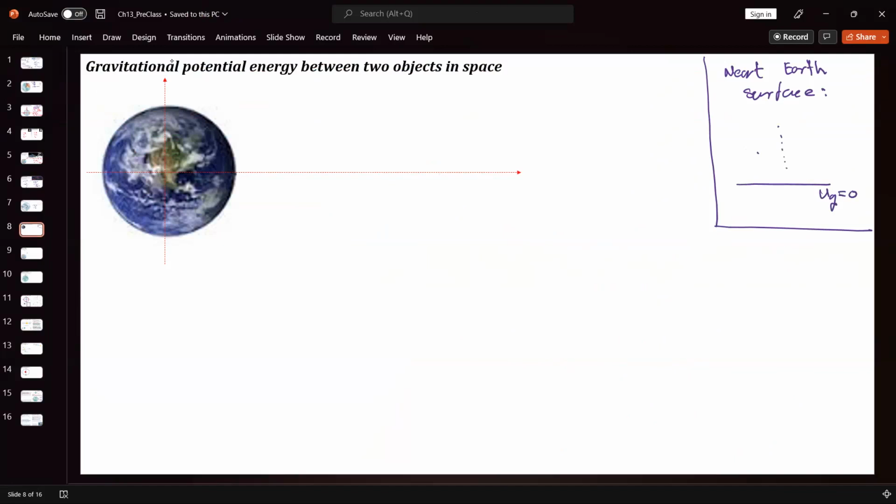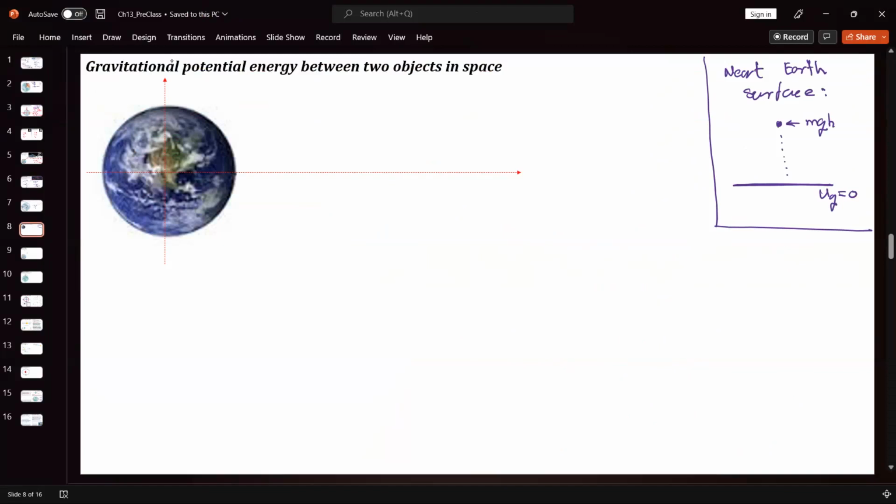Then if you go a distance h above, at that particular point we know the gravitational potential energy is mgh. But this idea of zero gravitational potential energy at the Earth surface is not useful if we're talking about two objects very far away from each other. So we have to first understand where the gravitational potential energy zero point is.